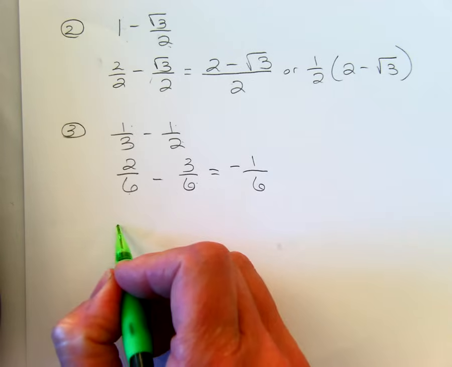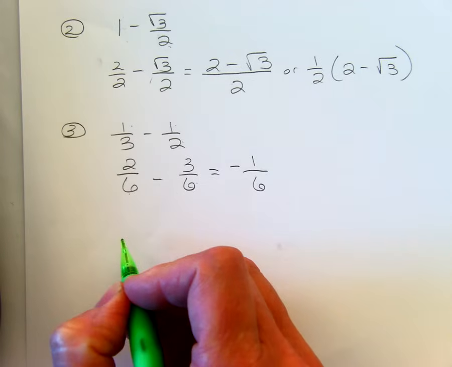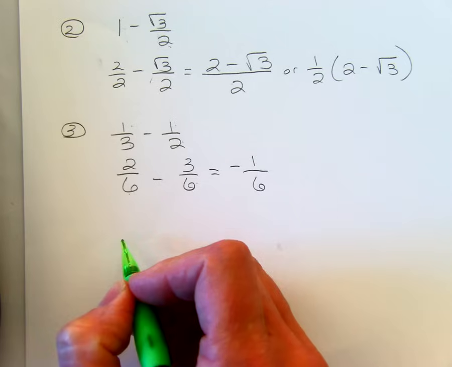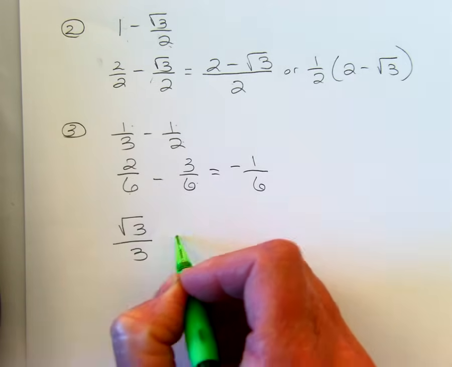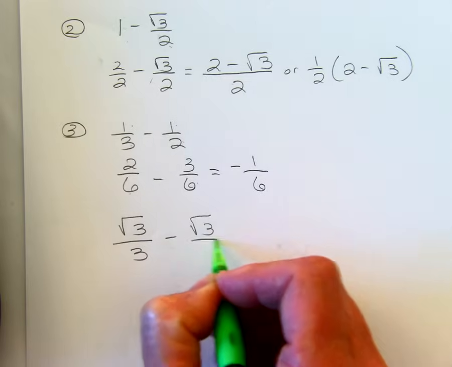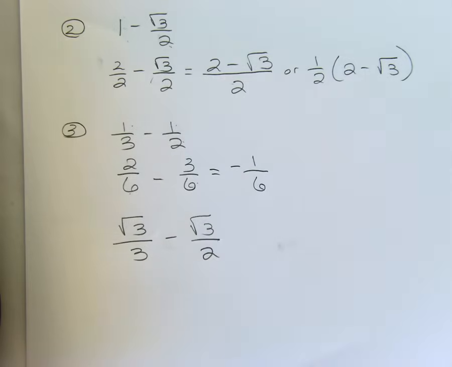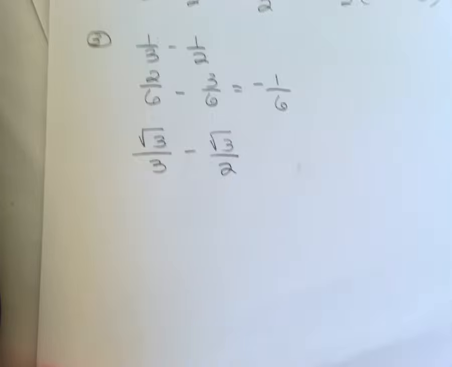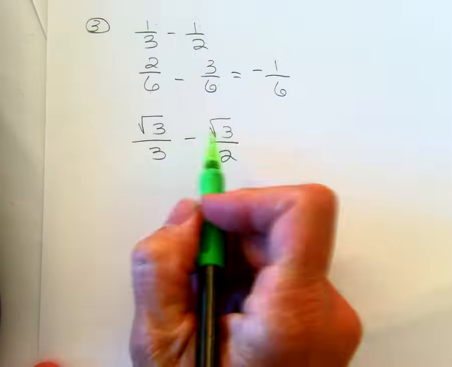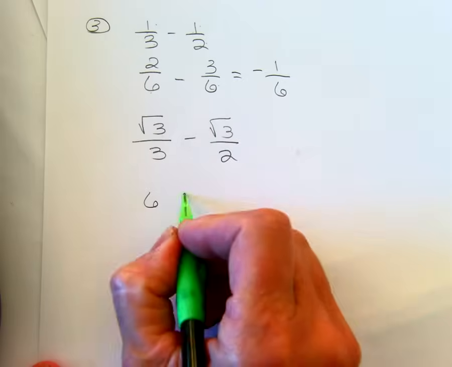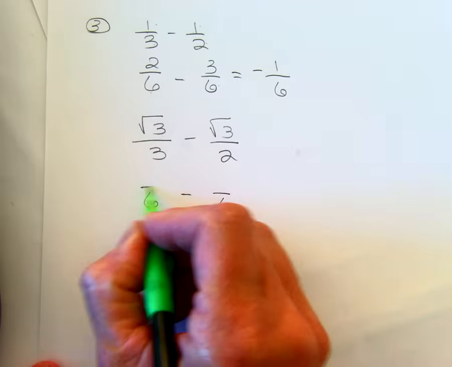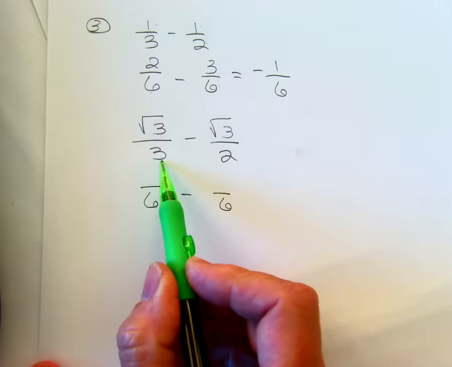Now, in pre-cal, it might be written like this. So again, they don't have a common denominator, but they're going to need one. The numbers on the top are the same, just like they were up here. So again, we're still going to get the common denominator of 6. What did I have to multiply this by? 2.